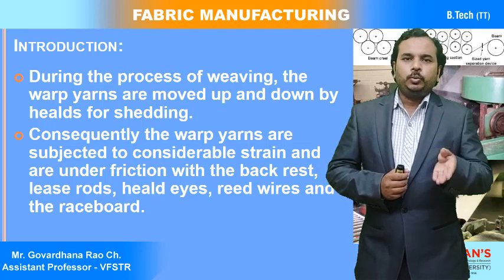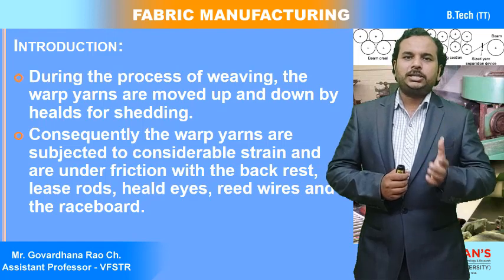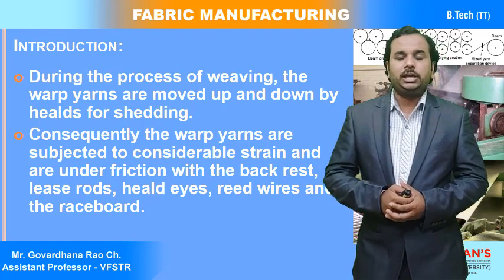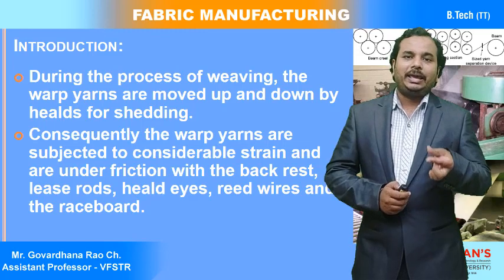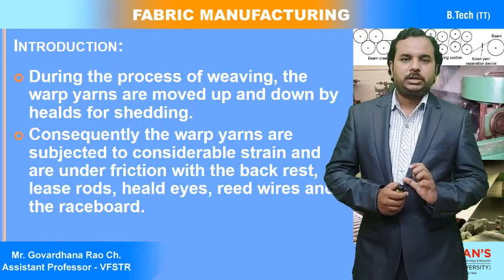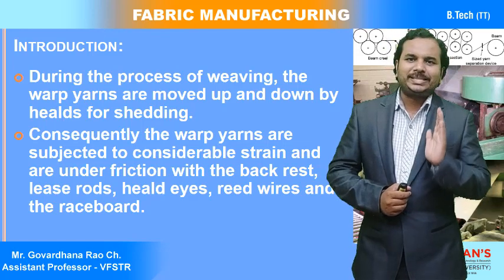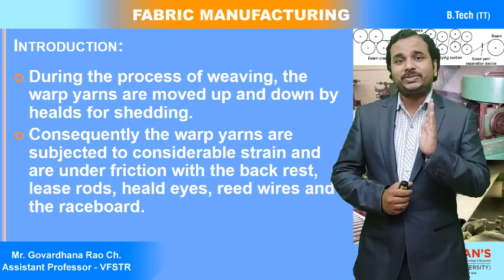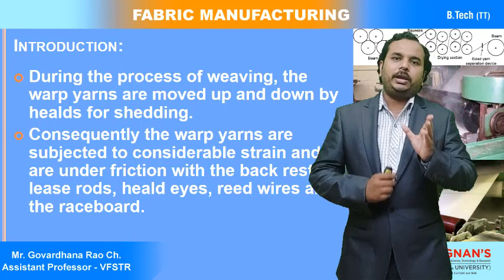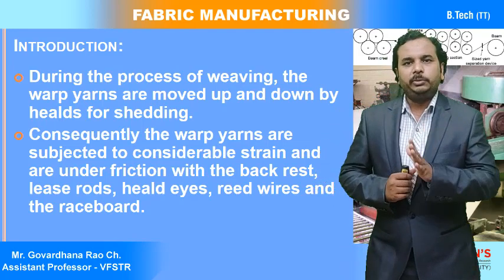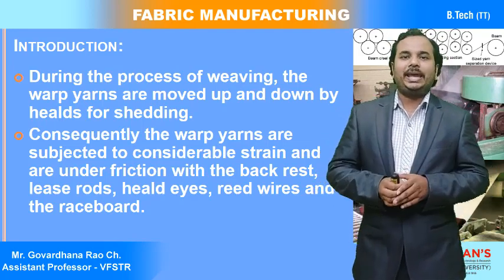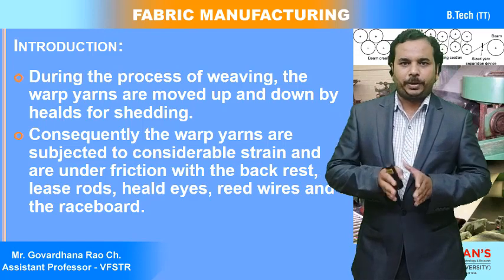So to overcome the breakages in weaving, we require a sizing process. To resist the breakages, or to resist the strains which are applied on the yarn in the weaving process, we require a sizing operation.